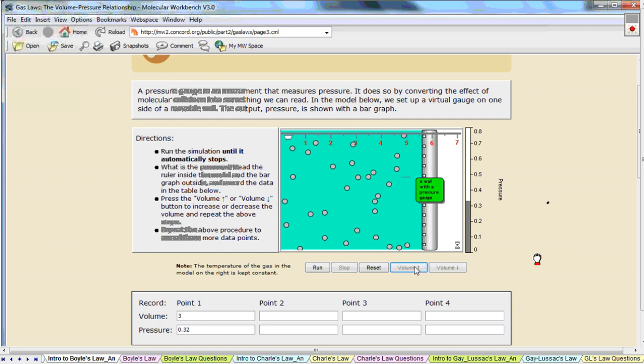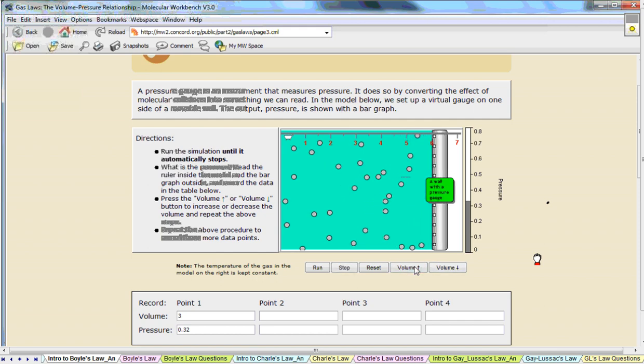Next up, we're going to double the volume and see what happens. We can right away see that there's greater space between particles. That means it'll take longer for them to make their way over to the wall of the container to collide with it, so there'll be fewer collisions along that wall, and that will decrease the pressure, which is what we've seen here.